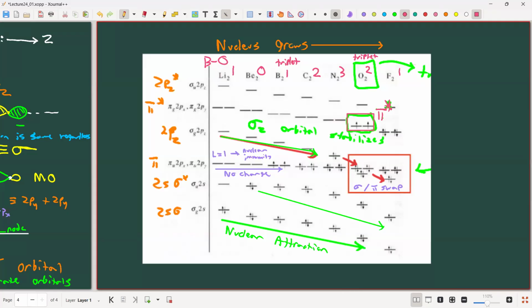All right, so let's take this idea and try to apply it to something a little more interesting than just the homonuclear diatomics. Let's think a little bit about the heteronuclear diatomics, like HCl. Let me pull my notes up for this really quickly.